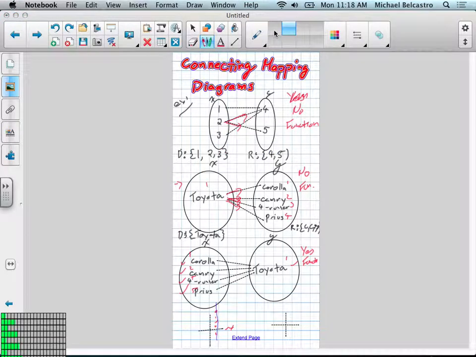Vice versa, if our x values are 1, 2, 3, 4, and our y value is just 1, then I have points like this. My vertical line test works, because when I draw it through, it only hits 1 point. It looks like a horizontal line, that's fine. So that would be a function, where our other one would not be a function.